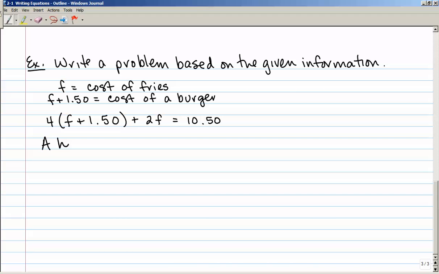A hamburger costs $1.50, and now I'm going to add my dollar sign, more than fries. And that makes sense. A hamburger usually is a little more expensive than an order of fries. Now, f plus 1.50, okay, that we dealt with. Now I have 4 times this quantity f plus 1.50.